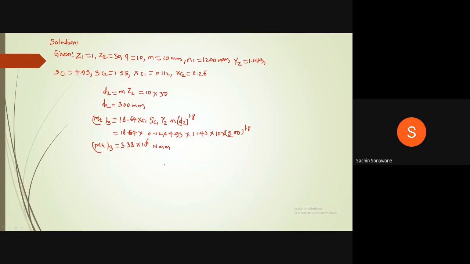Now similarly we will calculate MT4. MT4 is equal to 18.64 into XC2 into SC2 into YZ into M into D2 raised to 1.8, which is 18.64 into XC2 0.26 into SC2 1.55 into YZ 1.143 into M 10 into 300 raised to 1.8.